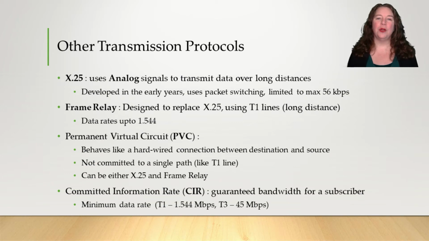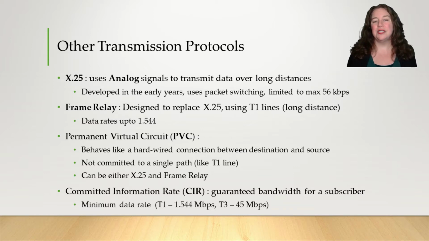There's a couple of other ways to transmit data across the internet. X.25 actually uses an analog signal to transmit data over long distances. It kind of feels counterintuitive in our generation, but remember back in the early years, analog was how things were being transmitted anyway. Voice signals were always done in analog.